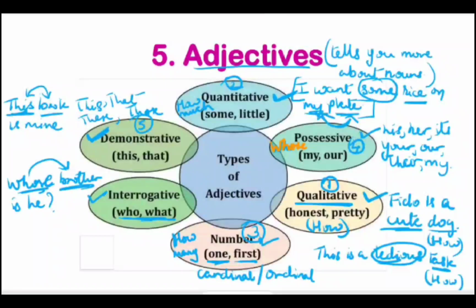What else? What name do you use in school? Or what name do you use at home? Or which color do you write? So which and color. Alright, children, so these are your interrogative adjectives. Hope both these topics are clear with you.